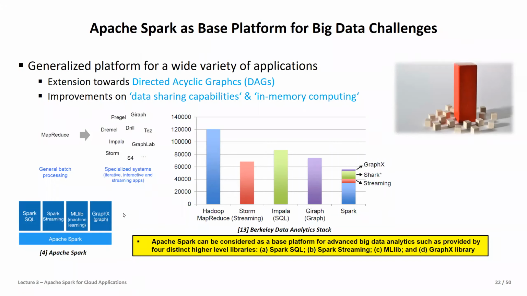You will find 4 interesting libraries in Apache Spark which are quite powerful: Spark SQL, structured query language. We'll talk about each of them and have an example for each. There's Spark Streaming, there's the machine learning library on top of it, and also the graph library, which is quite interesting when we do one example.